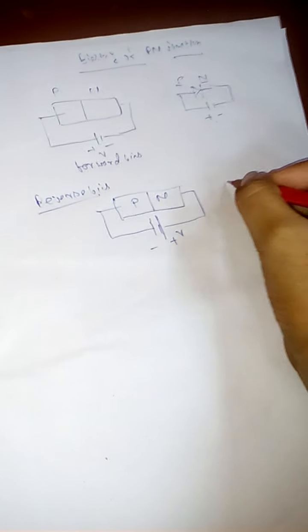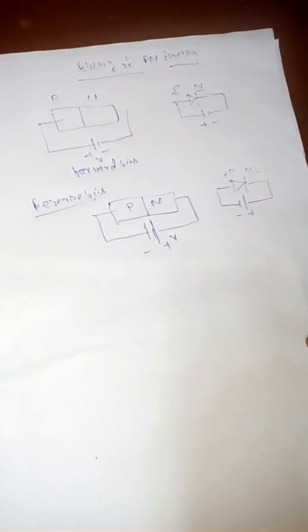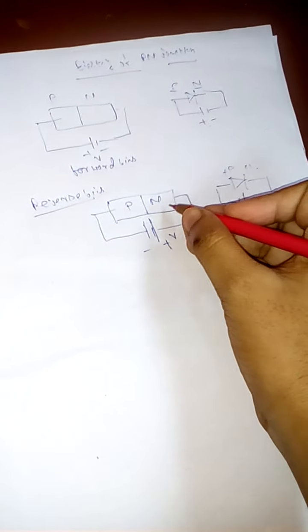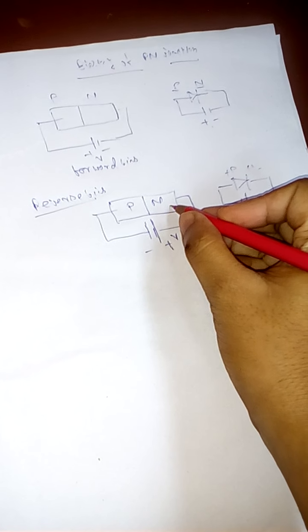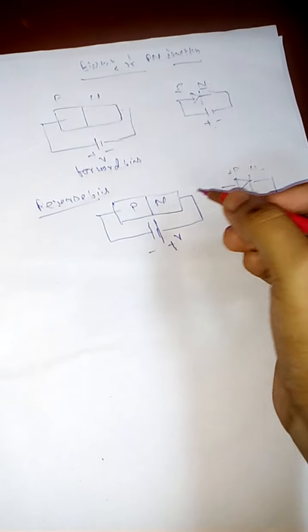If we draw symbolically, this is P, this is N. So the positive terminal of the voltage source is connected to the N side and the negative terminal is connected to the P side. Physically, practically no current flows through the junction under this condition, meaning due to high resistance the current is very small in reverse bias. So what happens in forward bias?